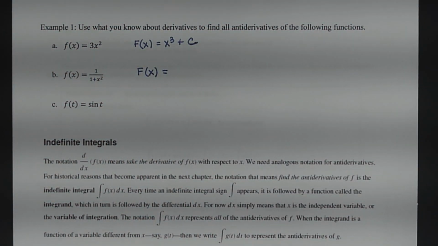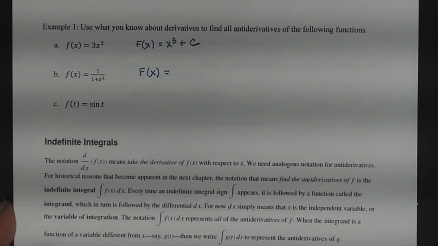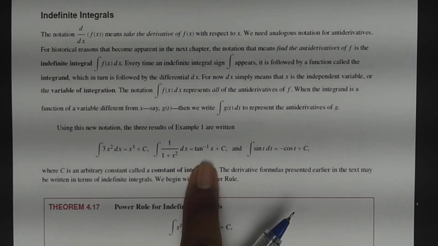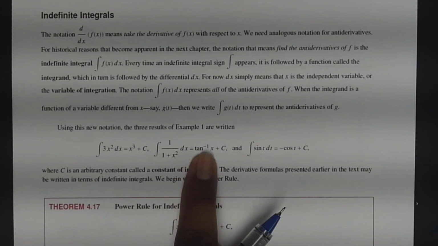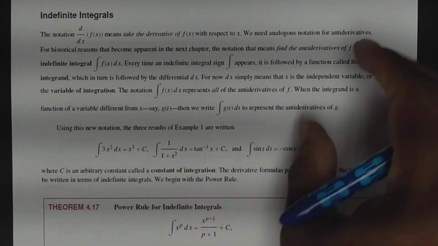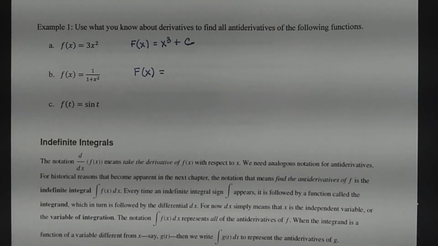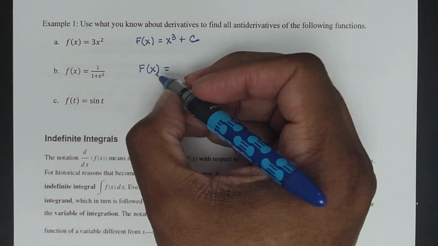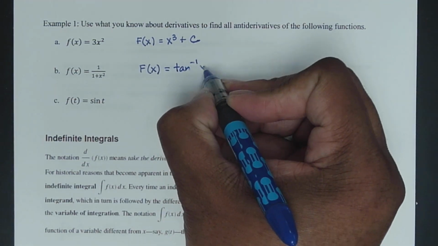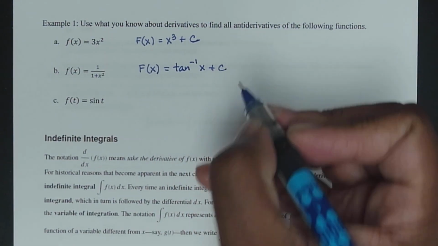Now, if you're familiar with the 6 trigonometric functions and their derivatives, you will see that the derivative of the inverse tangent will give you this back, 1 over 1 plus x squared. So that means capital F of x will have to be the inverse tangent of x plus c.